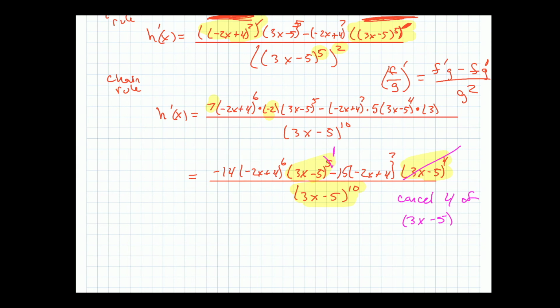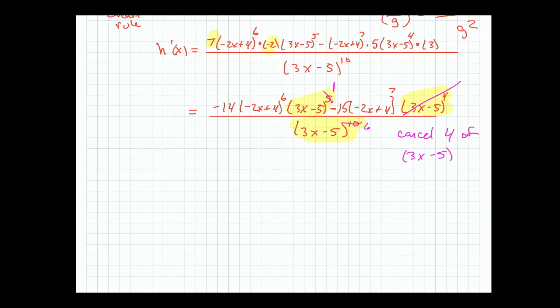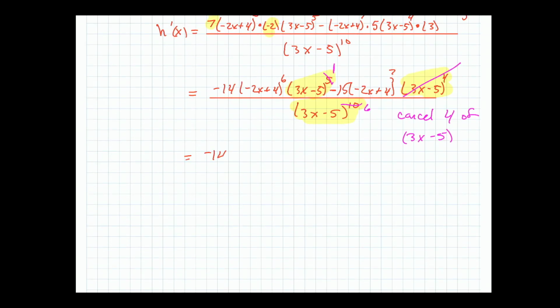This one's going to go down to a first power because we canceled 4 of them. And down here we canceled 4 of them. There was 10, so we're going to end up with 6. So what we're going to get is negative 14, (negative 2x plus 4) to the 6th, (3x minus 5), minus 15, (negative 2x plus 4) to the 7th, and there is no extra term on the end. And then in the denominator, (3x minus 5) to the 6th.